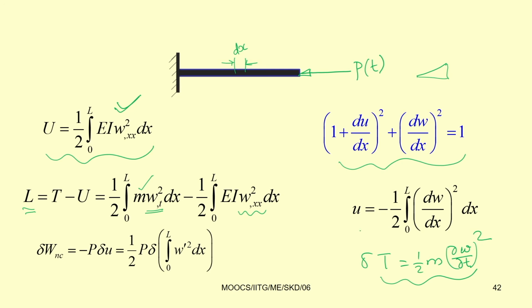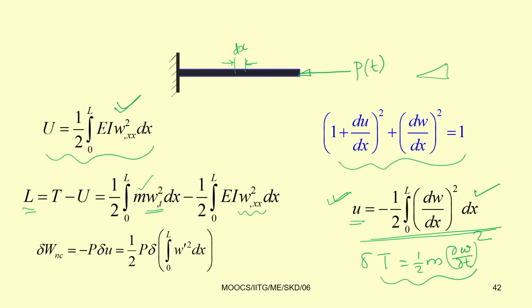From this you can get u, the displacement, in this form: u equal to minus half integration 0 to L (dw by dx) square dx. You can use the partial derivative also if w is a function of x and t, otherwise, for the time being, if w is a function of x only, you can write it this way also. So you got u, the displacement in the x direction.